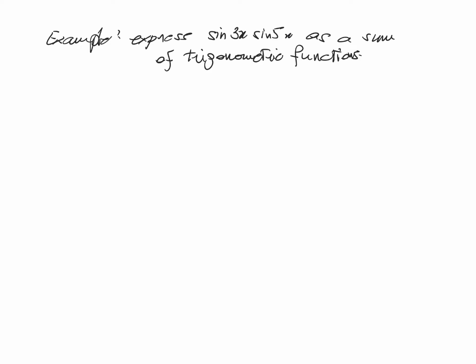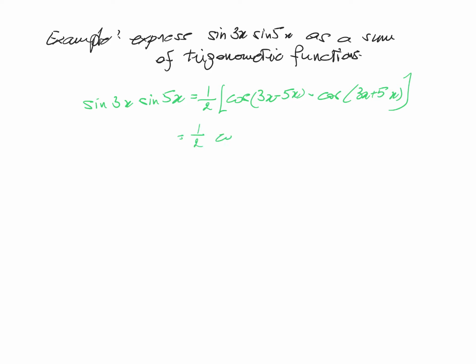So how do we do this? We start with sine 3x times sine 5x, and then we just apply the formula. We know this is 1/2 of the cosine of the difference, so 3x minus 5x, minus the cosine of the sum, so 3x plus 5x, meaning it's 1/2 cosine minus 2x minus cosine 8x.